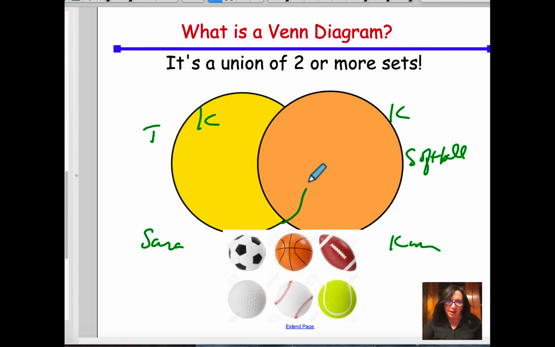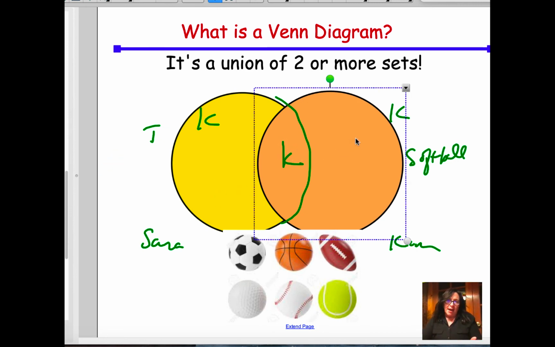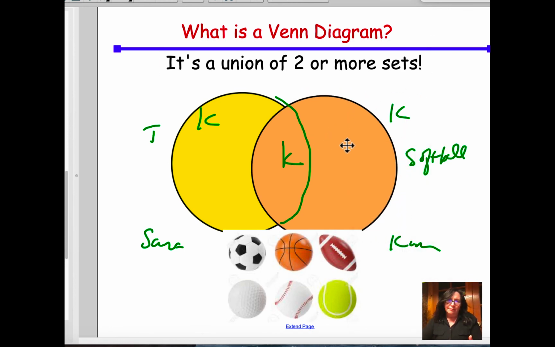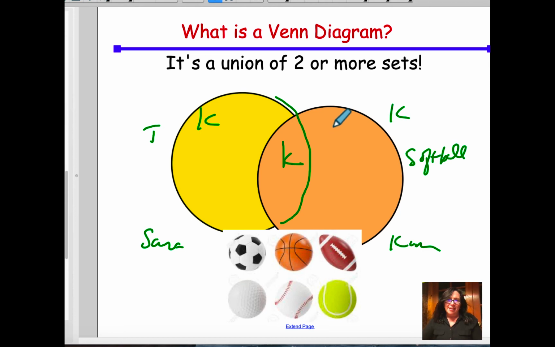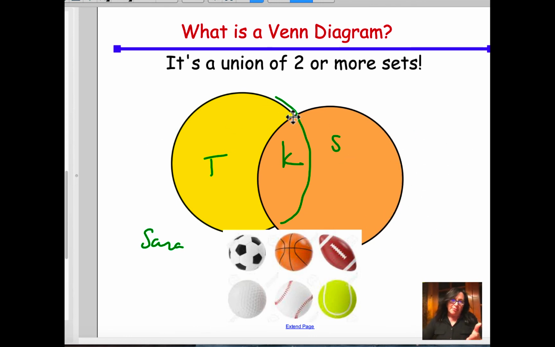So I know that both of the girls are in karate, and Karen is also in softball here, and then Sarah does tennis. But do you see when they both do the same thing, okay? If they both do the same thing, that value that intersects, that's the union of things that they do together. That's a Venn diagram. It classifies stuff.